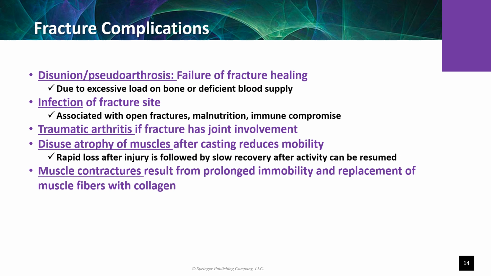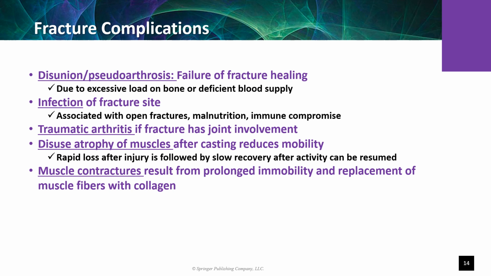Immobilization by a sling or cast after a fracture can rapidly lead to disuse atrophy of the muscles. This atrophy is simply a loss of muscle bulk, and this occurs when the proteolytic systems are activated and contractile proteins and organelles are removed, which results in shrinkage of the muscle fibers.